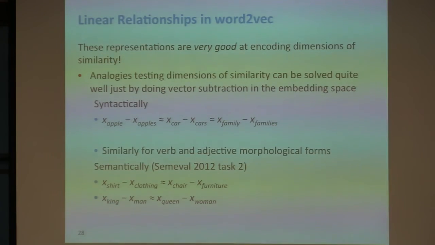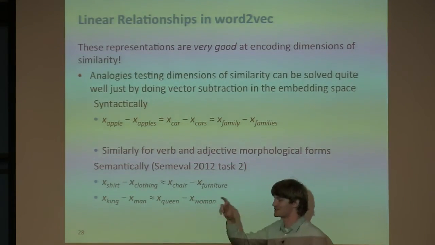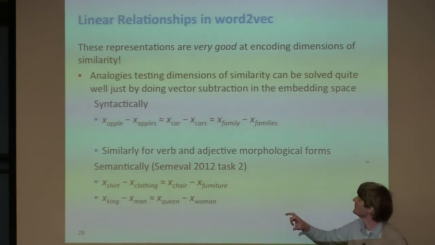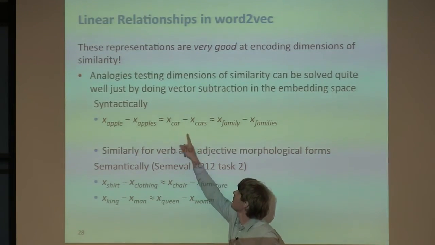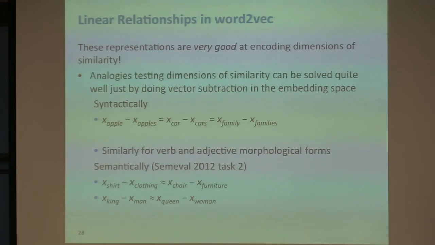So for instance, if you take the vector of apple and you subtract the vector of the plural version of apple, apples, the resulting direction, the resulting vector, is actually very similar to when you take car and you subtract its plural, or family and its plural. So essentially, throughout a combination of these dimensions, you're capturing plurality.